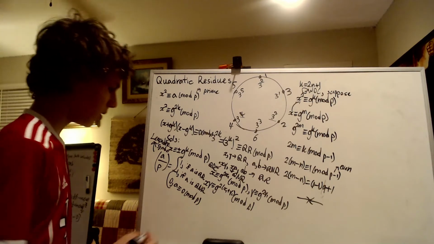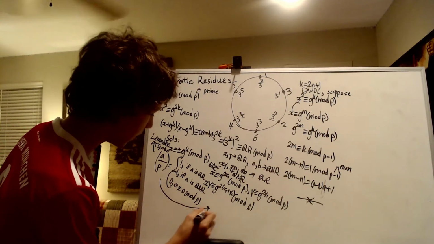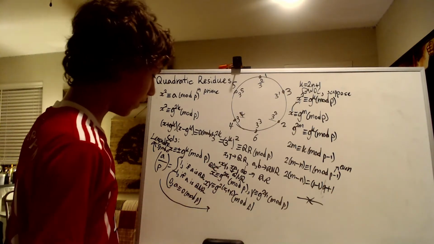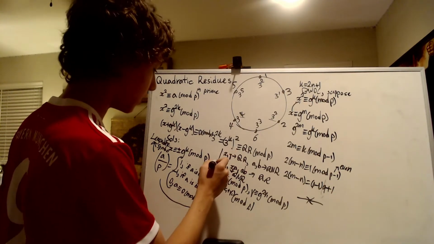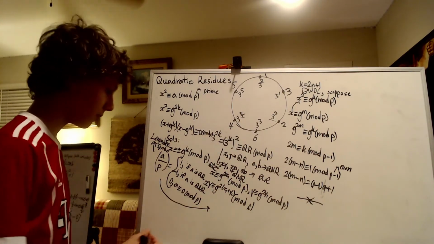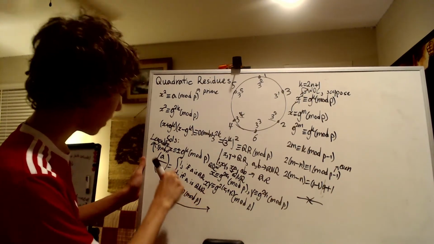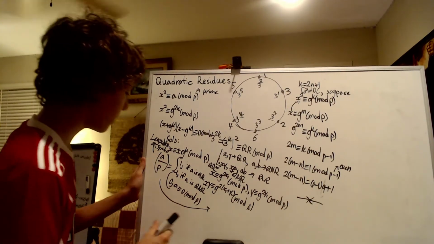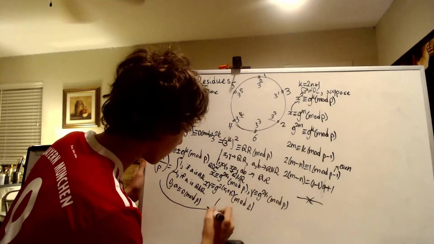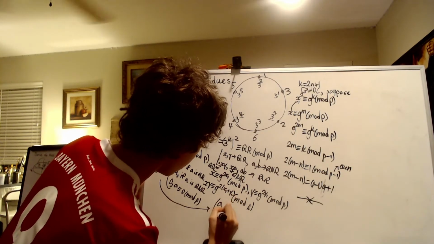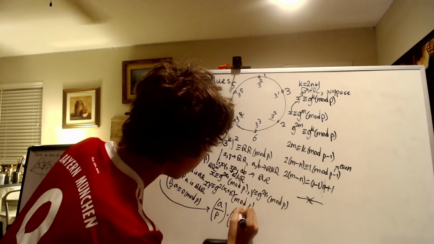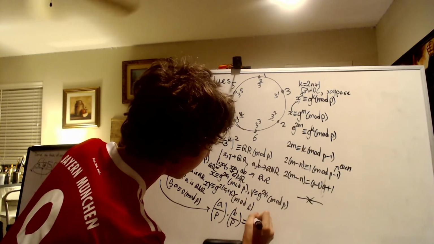Okay, well, one nice property of the Legendre symbol, and it pretty much follows from what we worked out here, the multiplication of quadratic residues and quadratic non-residues. It follows that the Legendre symbol is also multiplicative. So that tells us that the Legendre symbol of a times the Legendre symbol of b is equal to the Legendre symbol of a times b.